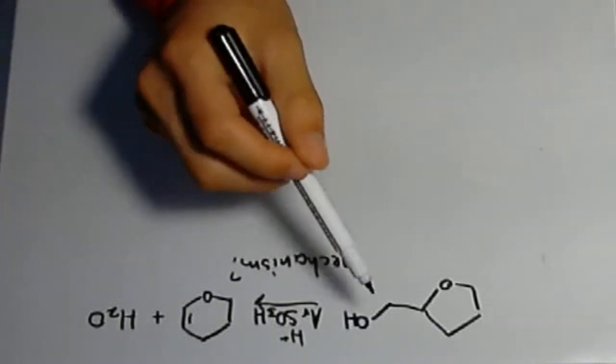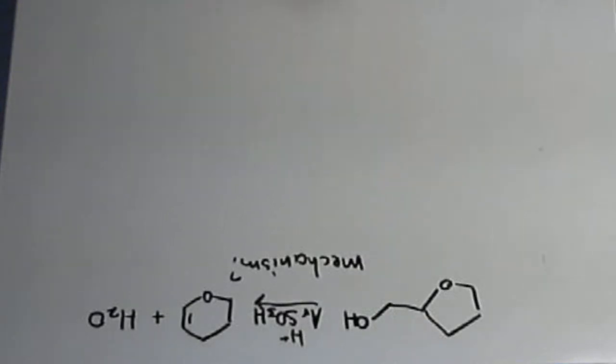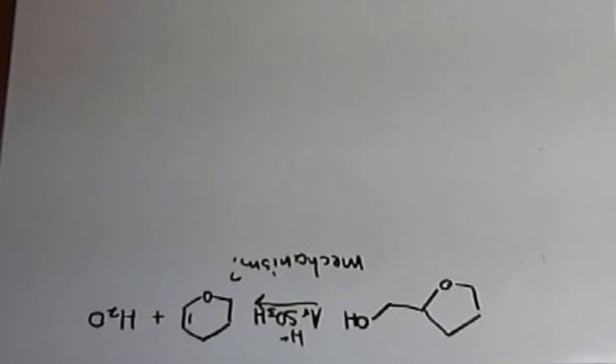Alright, so if we have an acid, we need a base, right? And oxygen is the most electronegative atom on our starting material. So the next question is, which oxygen is going to be most basic? It's probably this one on the end, because we know alcohols are more basic than ethers.